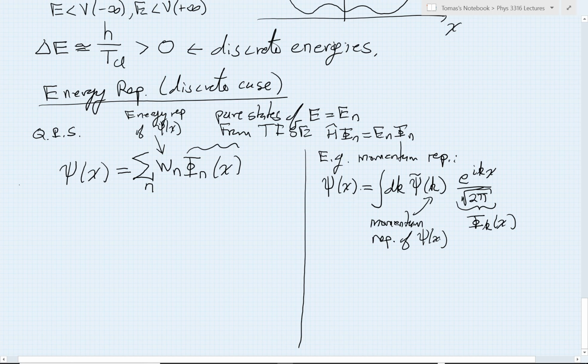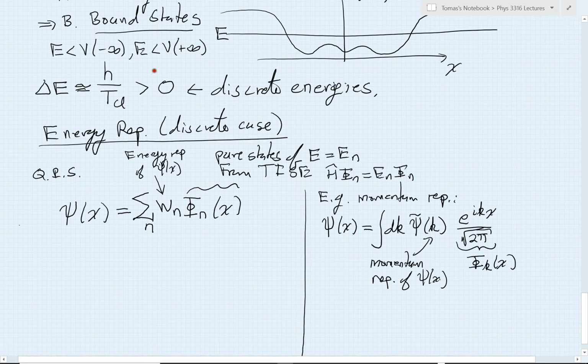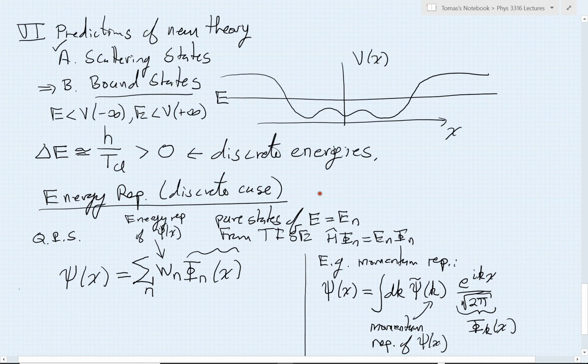One last little technical note I want to make, but I don't want to emphasize this too much because I really want to focus on the discreteness of the sum. You'll notice, though, that sometimes if I increase my energy enough, I will get to a point where the energy of my particle exceeds the potential out on one side or another, and suddenly I will go from where I have discrete energy levels to where I have continuous energy levels.